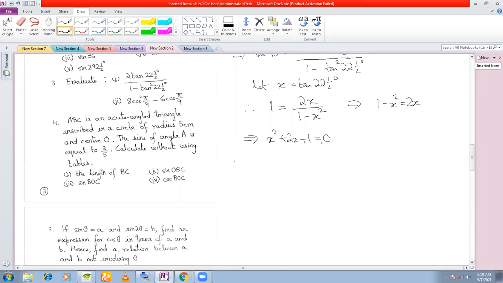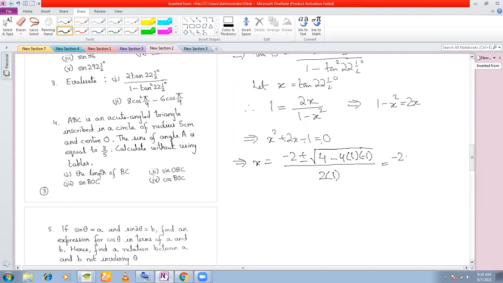Now we can solve this quadratic by Sridharacharya method. Minus b plus or minus root over of b square minus 4 into a into c divided by 2 into a.